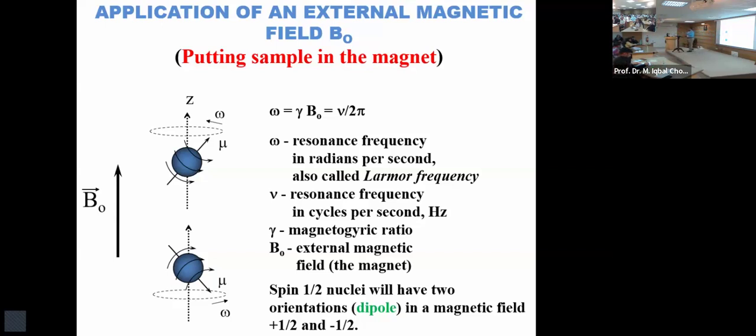Right? When you place them in the magnetic field, two things happen. One is that they start dividing into energy states, and second is that they start precessing around the magnetic field. This is called orbital or angular spinning.